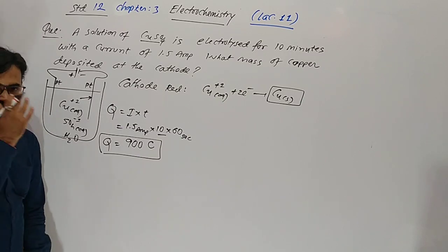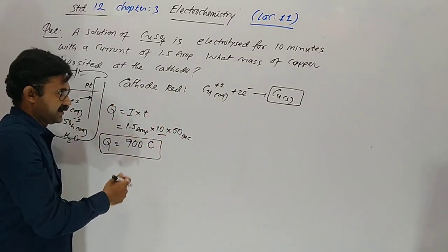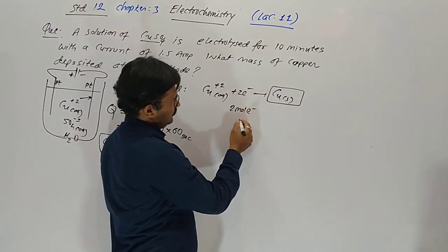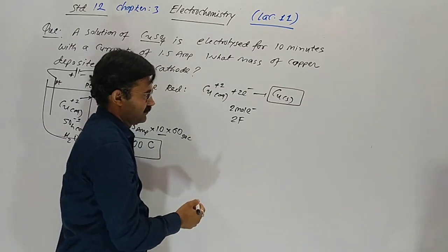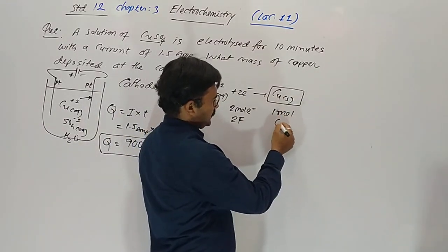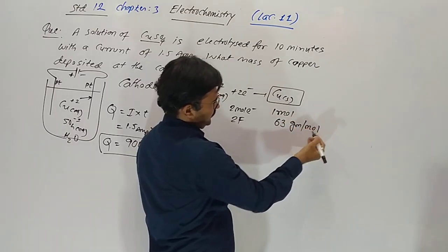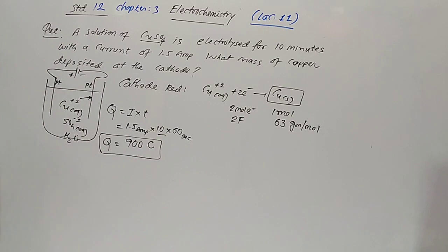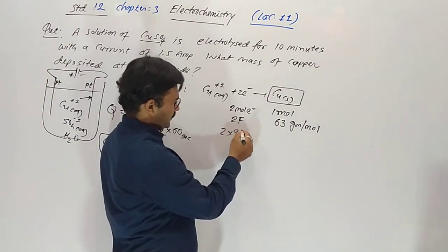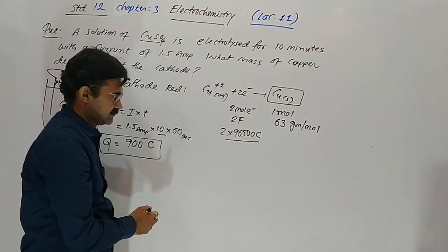Understood? Now with the help of this reaction we can derive that 2 mole electrons, meaning 2 faraday, gives 1 mole copper. The atomic mass of copper is 63 gram per mole. 2 faraday means 2 into 96500 coulomb.